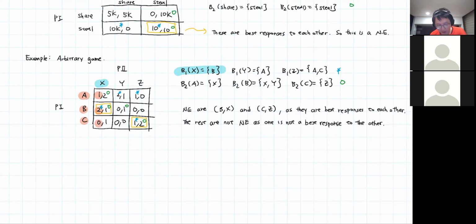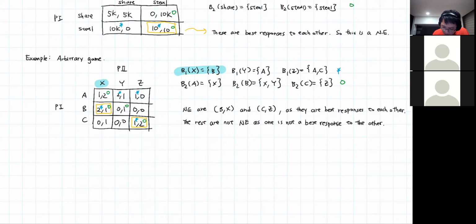So the best response here is the second one, right? 2 is the highest number here, so that is the best response. That's why we include only B in the best response function, and that's why we put a star around the 2.